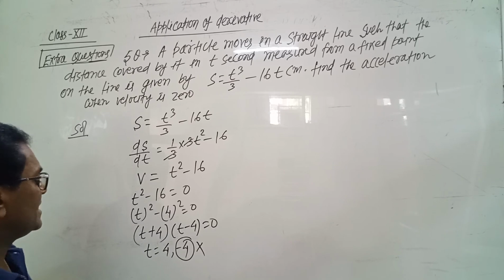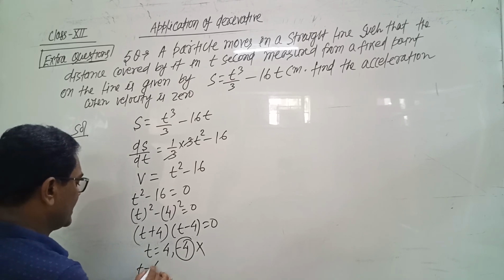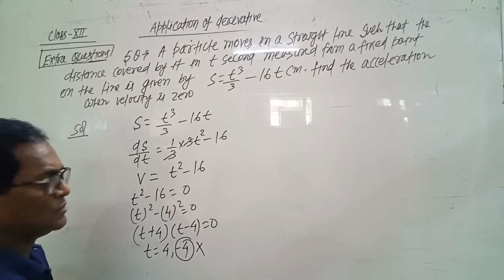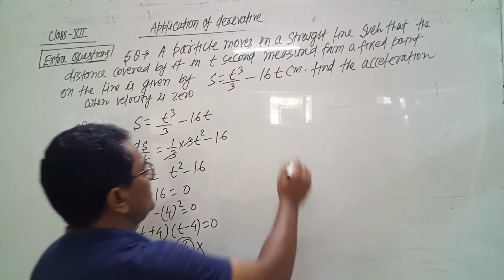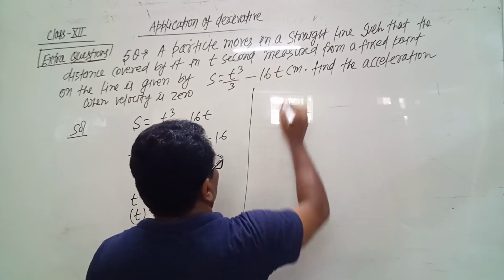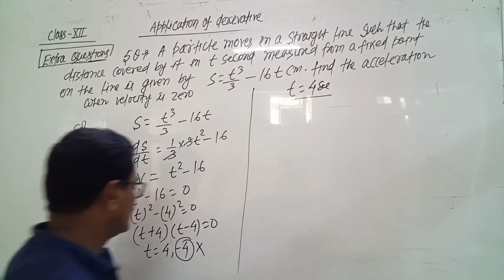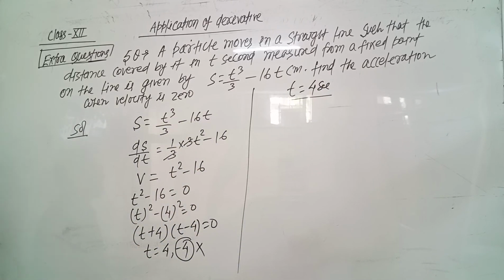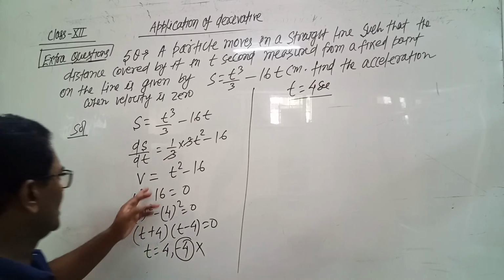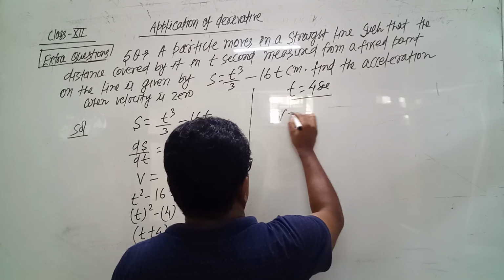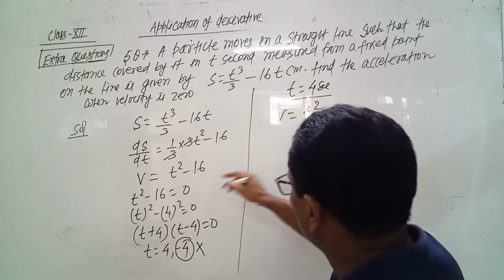Time can never be negative. So we take time t equals 4 seconds, and we neglect the negative time. It is not possible.